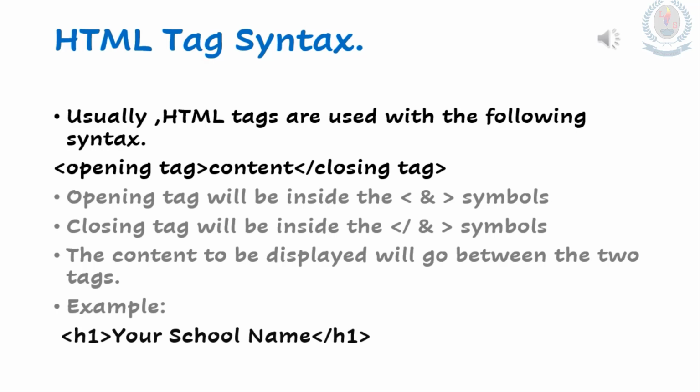The above HTML code will display your school name as heading 1 style text. HTML tags can be written as simple text. No need to type capital letters. No need to have a space after the starting HTML tag and before the ending HTML tag.